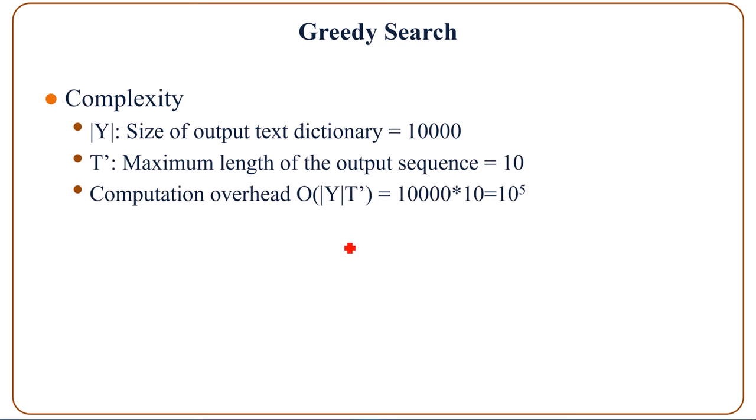Think about this like you have 10 time steps, right? 1, 2, and 3, etc. up to 10. And in each time step, you look up the dictionary of the size 10,000 words.